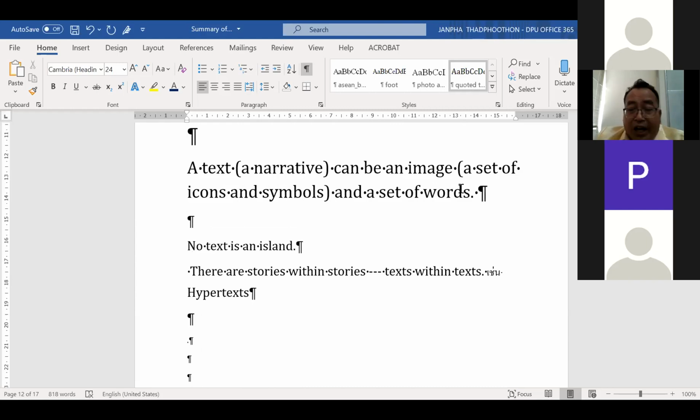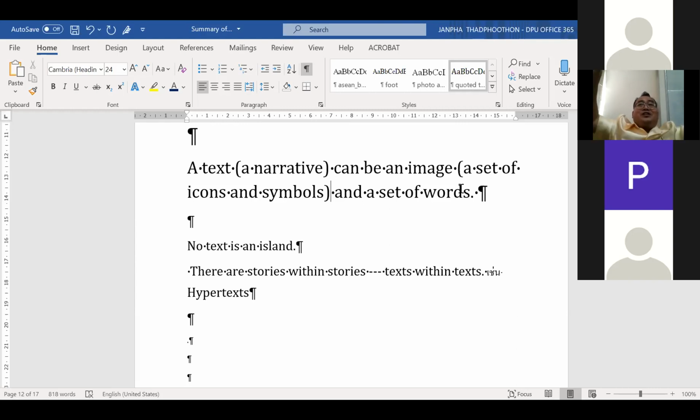If you look at a painting, like you go to MOCA, you will see a lot of paintings without text, without letters. But those paintings tell stories, right? So you can tell a story without using words, right?